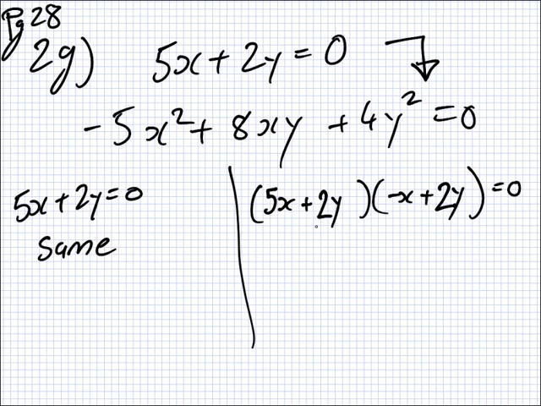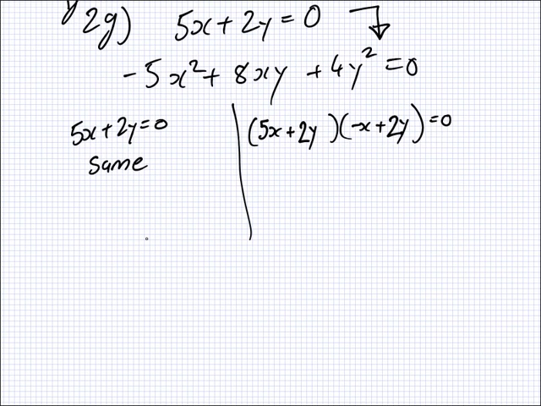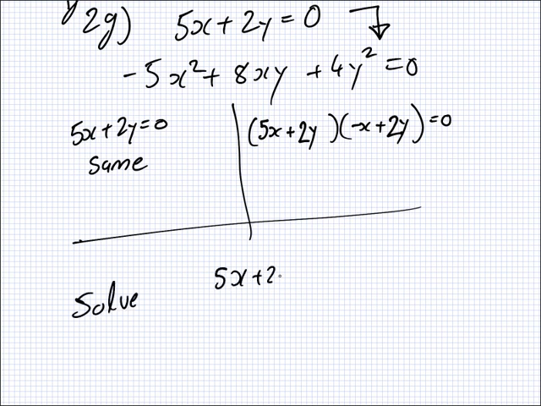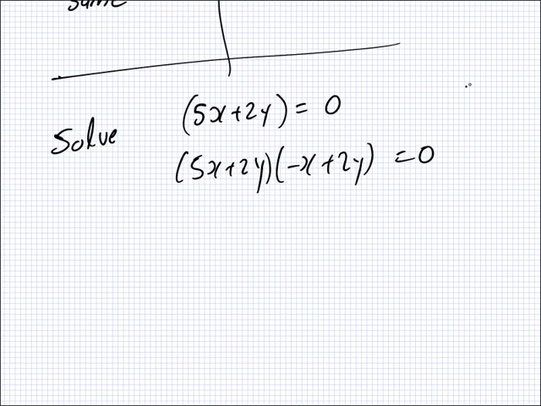Now, let's have a look at our new problem. You now want to solve 5x plus 2y equals 0, and 5x plus 2y times minus x plus 2y equals 0. But we can't solve this. This is equation 1 and this is equation 2.